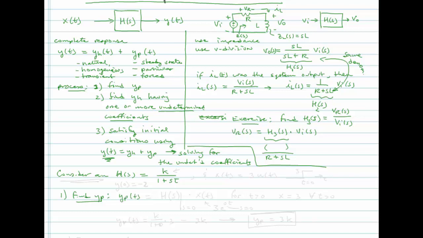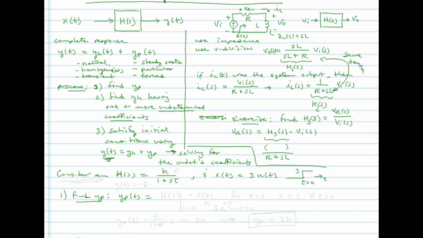Let's consider an x of t that is equal to, in this case, let's do something simpler. Let's say x of t is equal to just 3 u of t. Okay, so what it means, it's 0 and it steps to a value of 3 at time equal to 0.